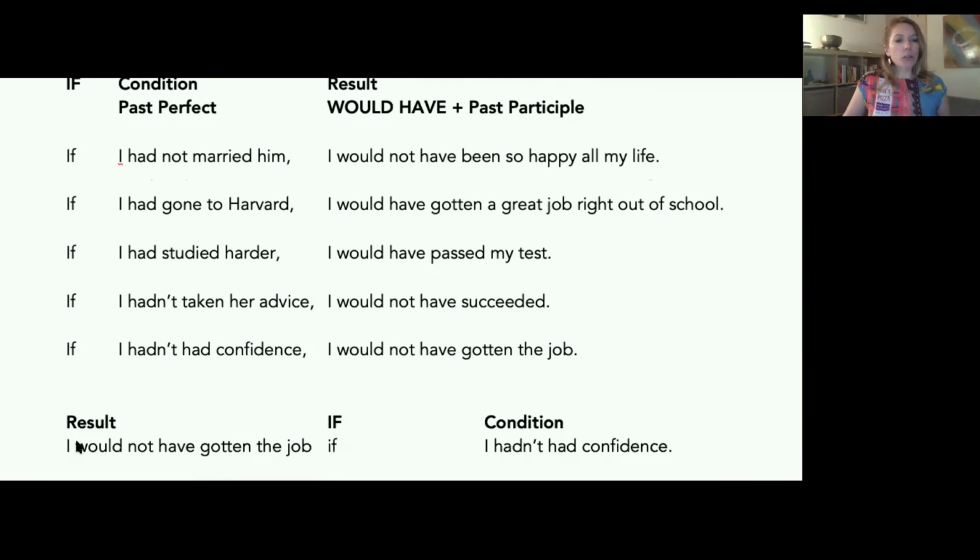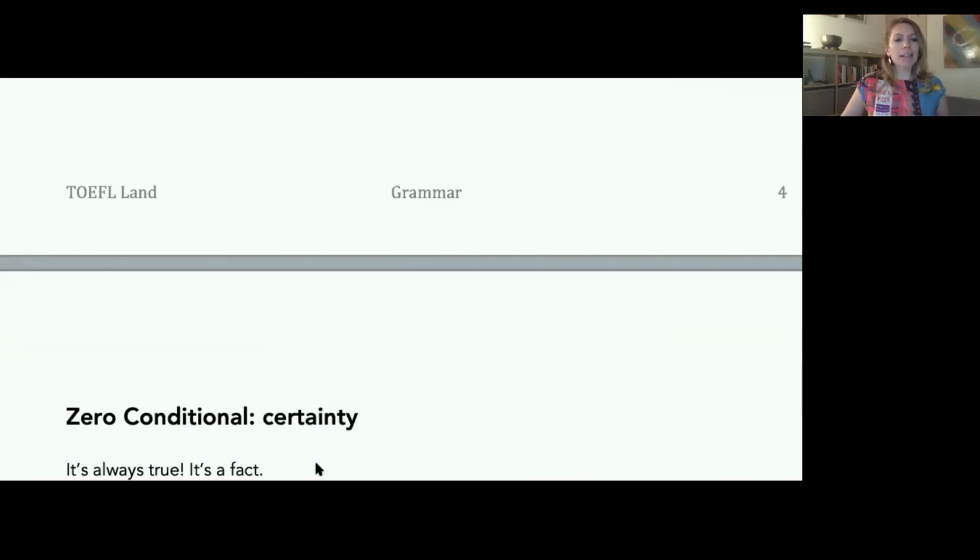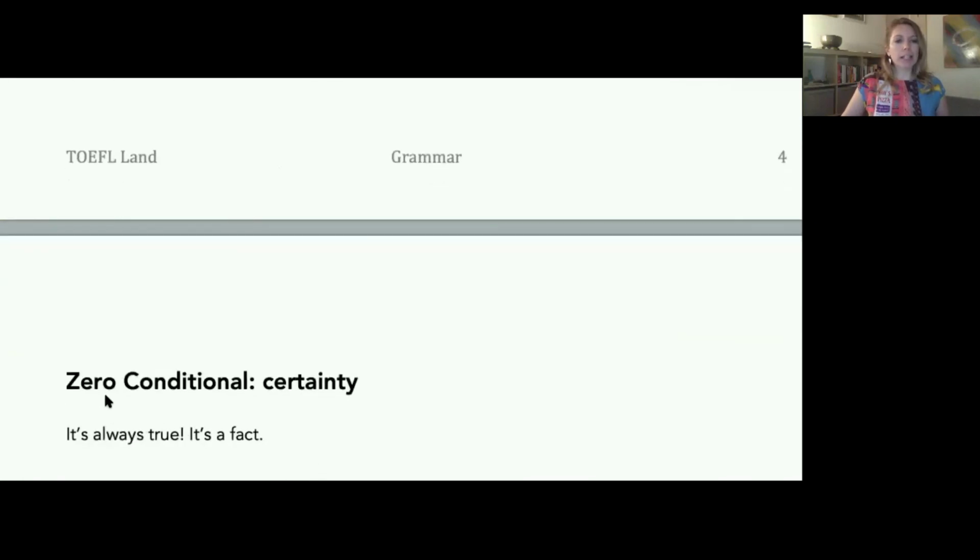Now, you can also start with the result. I would not have gotten the job if I hadn't had confidence. No comma, notice that.